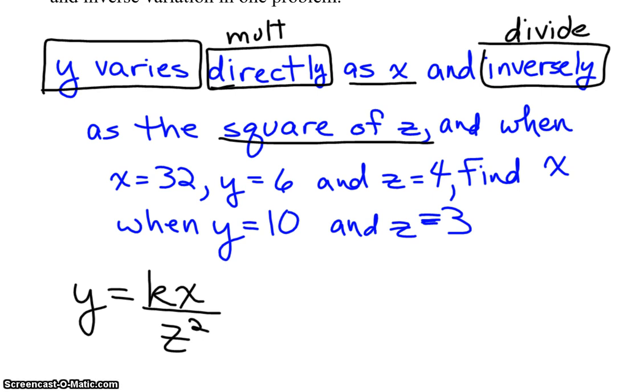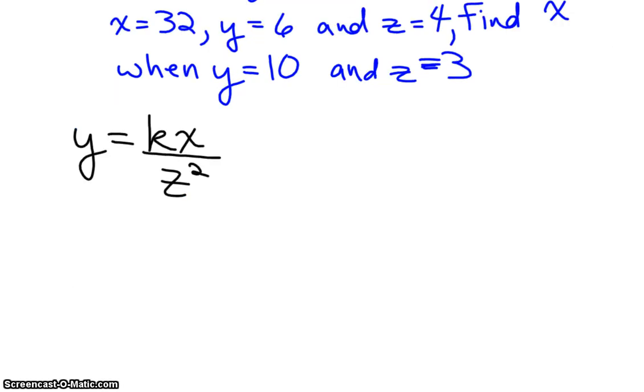Now, to solve this problem, I'm going to find the constant of variation first, and to find that constant of variation, I'm going to substitute in the numbers I know. Y is 6 when x is 32, and z is 4.